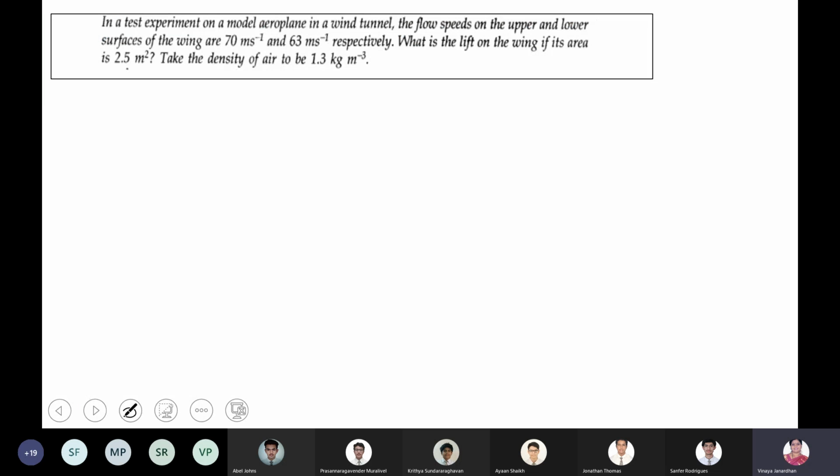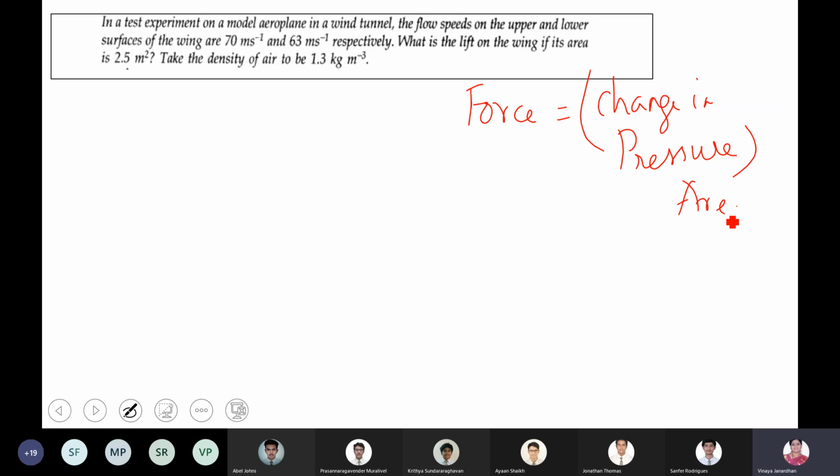So what is force? Force is equal to change in pressure into area, because the change in pressure is only giving you the uplift into area. So that is your uplift.